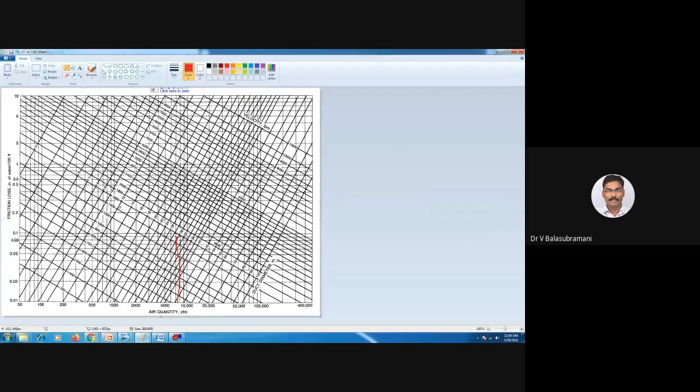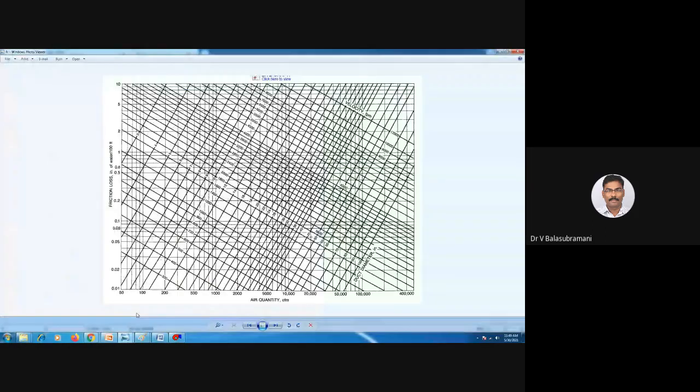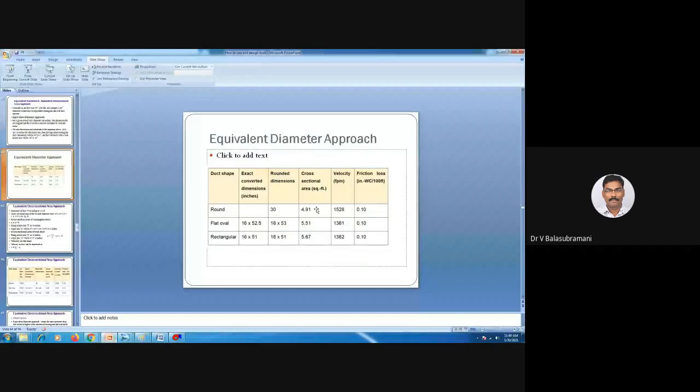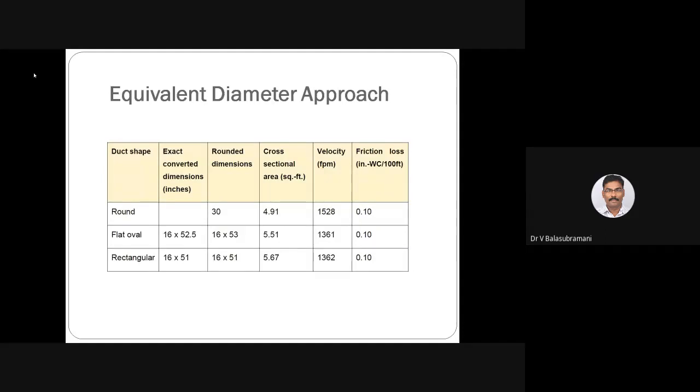The velocity comes between 1,400 and 1,600, so it may be taken as 1,500, but it is calculated exactly using a sizing calculator. I will tell how the sizing calculator may be used. Similarly, for a flattened oval, the values may be calculated for 1361 and 1362.